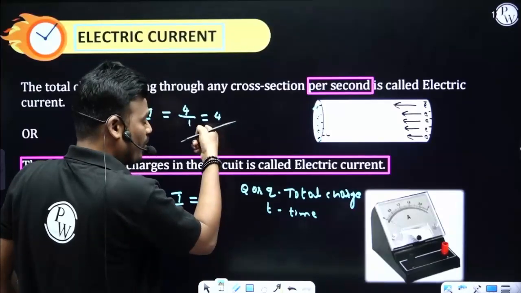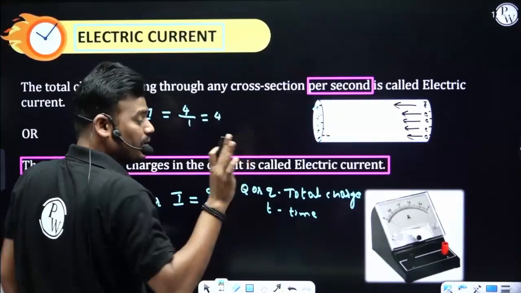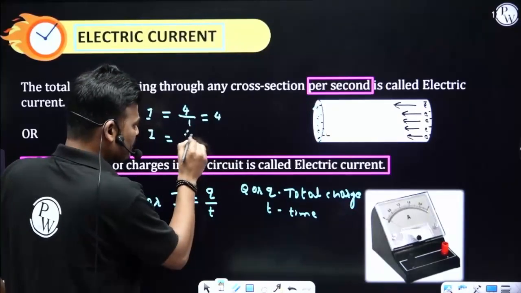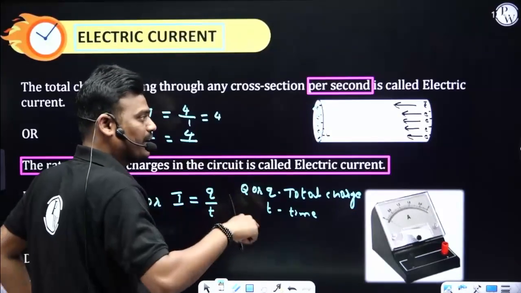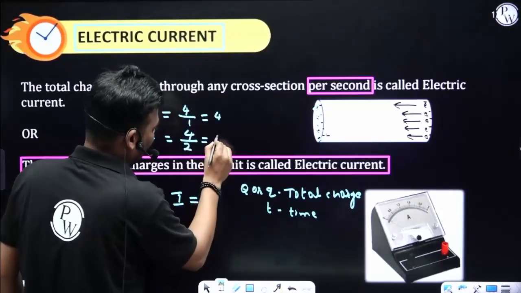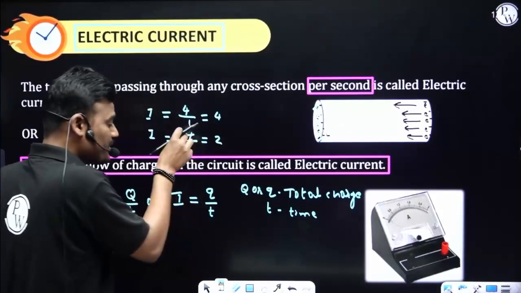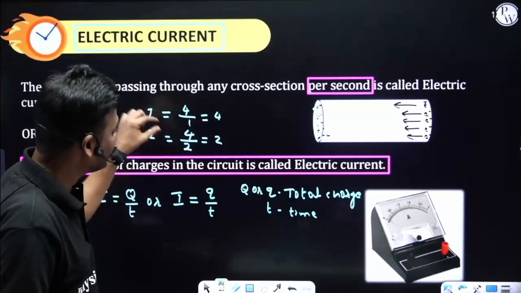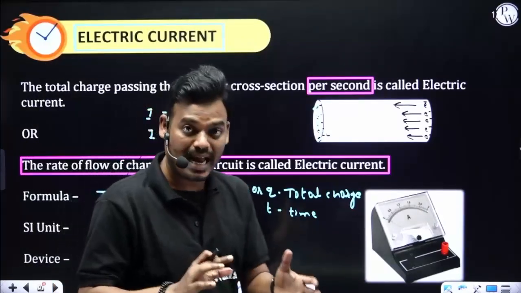I don't know what is the unit, therefore I'm just using a magnitude. For example, if 4 charges pass in 2 seconds, therefore it is 2, right? So it depends on time as well. This current is time dependent.